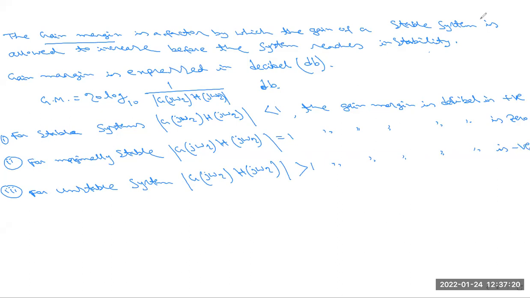Okay, is it clear to all of you? So you have to remember these three conditions. When the magnitude is less than 1, the gain margin is positive in decibels. When the magnitude equals 1, the gain margin equals 0. When the magnitude is greater than 1, the gain margin is negative, and the system is called an unstable system.